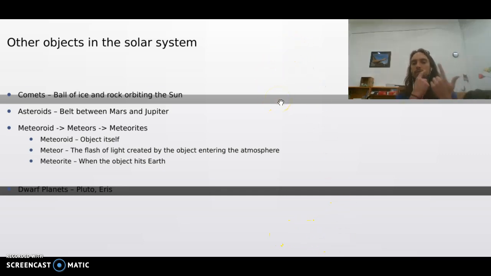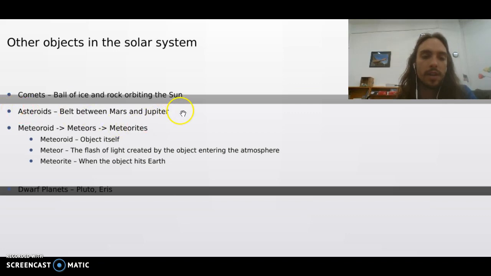So when it comes towards the sun, it's going faster and faster and faster, and it hits that gravitational pull, and then it gets slingshot out into the outer reaches of the solar system, and it slows down. So Halley's Comet is just a good example of a comet, and it's got that slingshot effect.